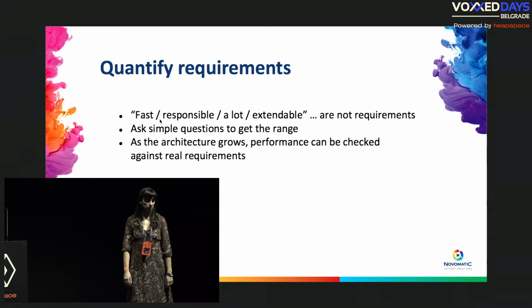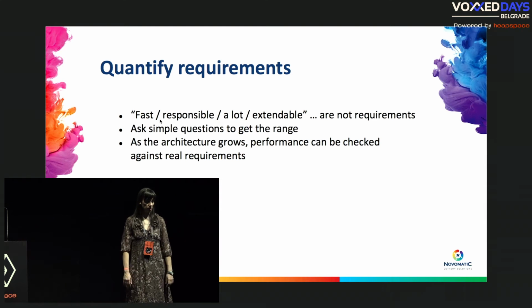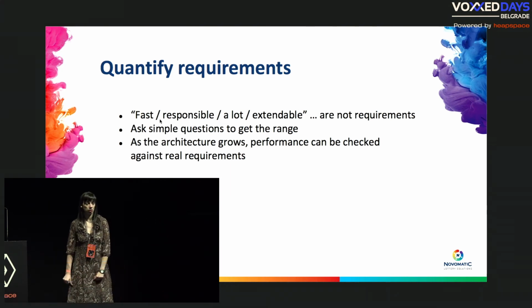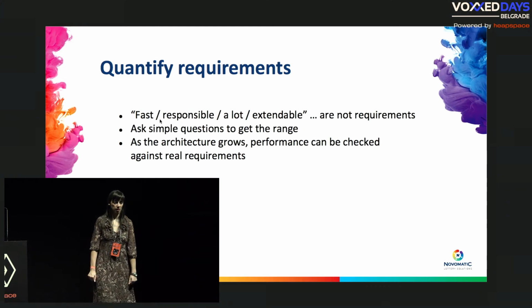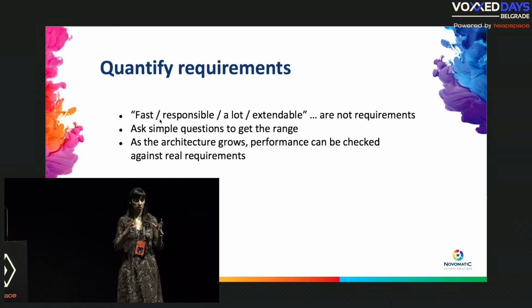What is usable? Or, which is a hype these days, we want the system to be scalable. What is scalable? We want it to be fast. These are not requirements, because this will not allow you to design the system properly. You will have only some vague idea of some blurred requirements.